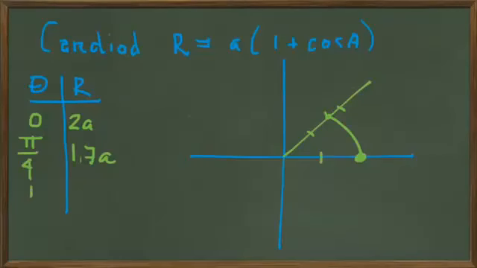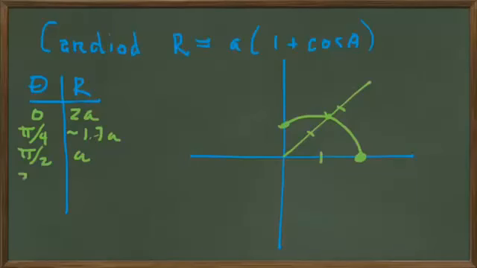Now we're going to plug in the angle pi over 2. Cosine of pi over 2 is 0, so the value is just 1 times a, so we'll extend the arc going counterclockwise to that point.